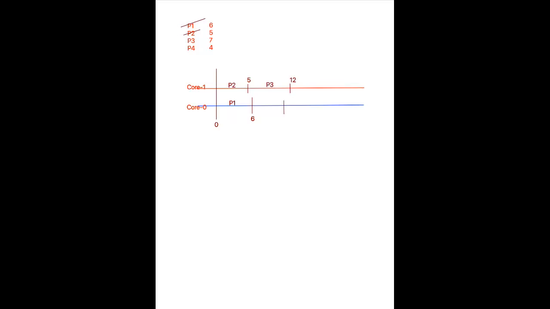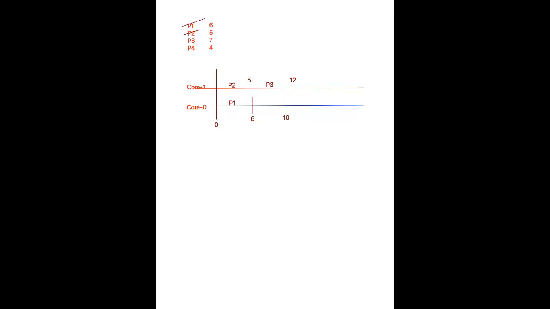Okay, so somewhere here 10. So core 0 executes P1 and P4, core 1 executes P2 and P3.